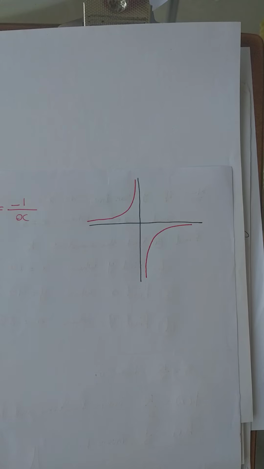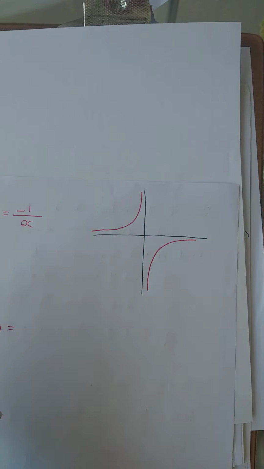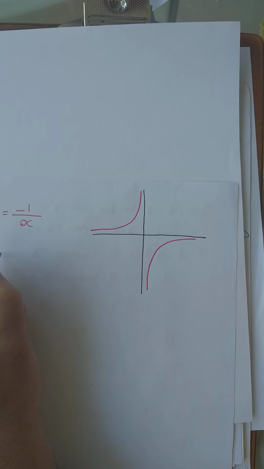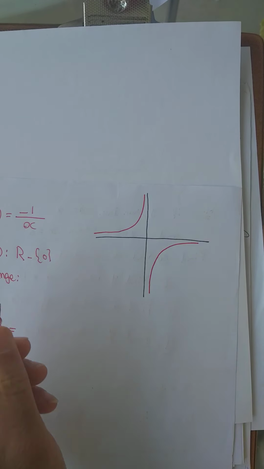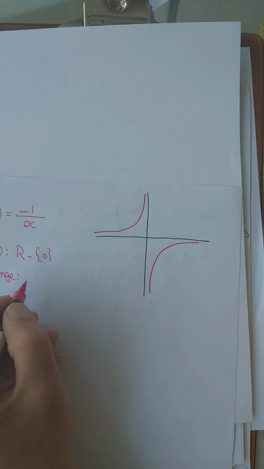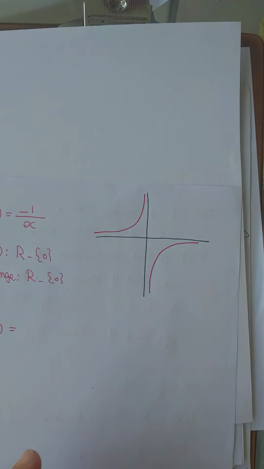This one is the graph of inverse function but negative. As you know, the domain is real numbers except 0, and the range, not important now, is also real numbers except 0.